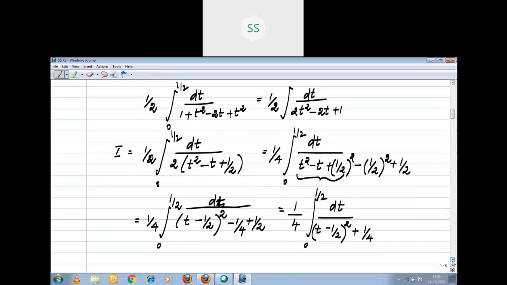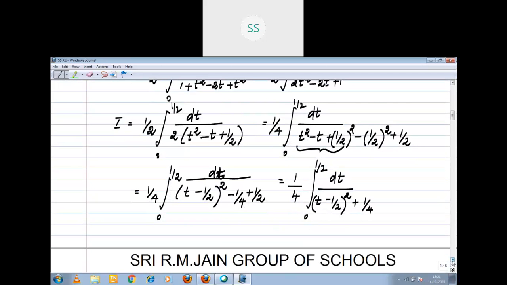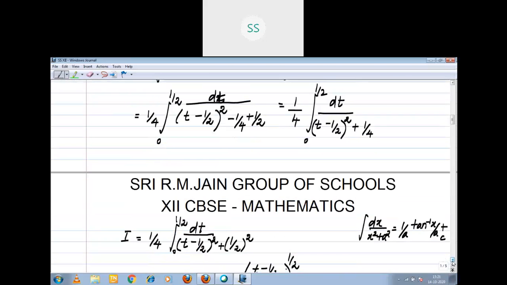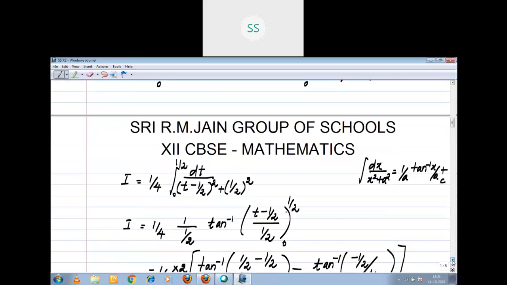Completing the square method, in the sense, the coefficient of t should be divided by 2. Then you have to square the term. You have to add and subtract without disturbing the previous step. Now the t² − t + (1/2) whole square I converted in terms of (a − b) the whole square, that is (t − 1/2) the whole square.